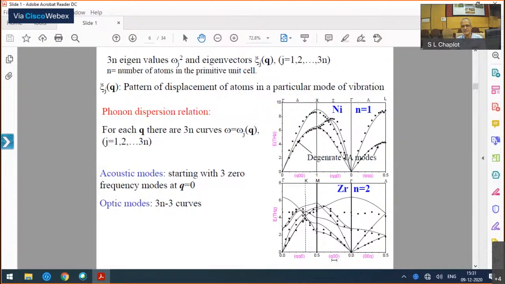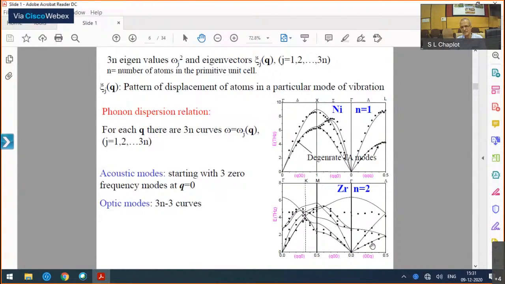So when we are plotting the wave vector, we are plotting in terms of the reciprocal lattice vectors. This is again a 1, 0, 0 direction in the hexagonal system, in the hexagonal plane, and 0, 0, 1 is perpendicular to the hexagonal plane, along the C direction.